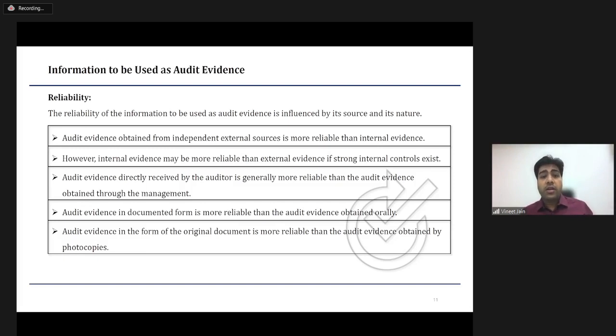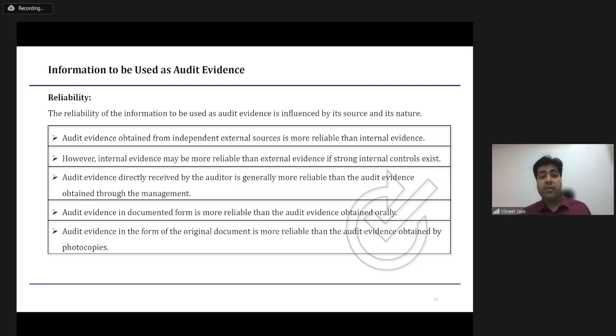However, internal audit evidence may be more reliable in certain cases if strong internal control exists. But as a general perception, independent external sources are much more reliable than internal evidence. The second aspect is that audit evidence in documented form may be more reliable than audit evidence obtained orally.